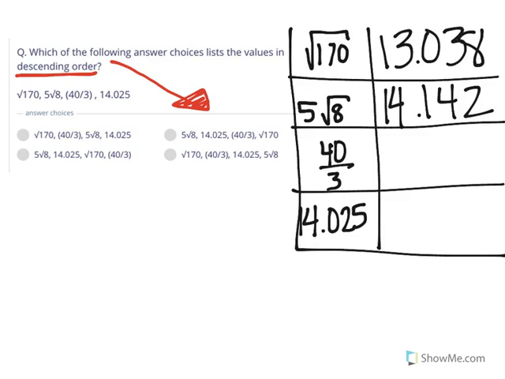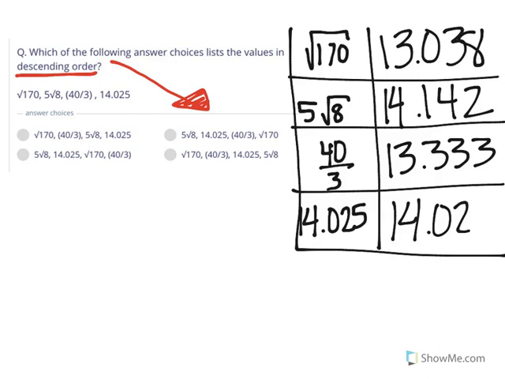Control Enter makes it a decimal. And then I already have a decimal at the end.